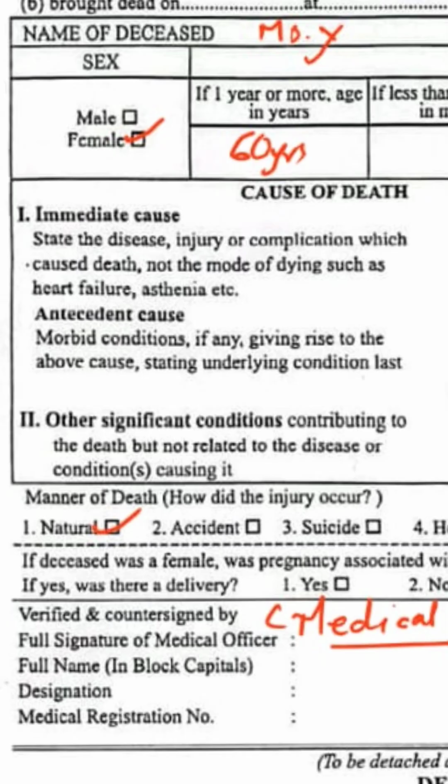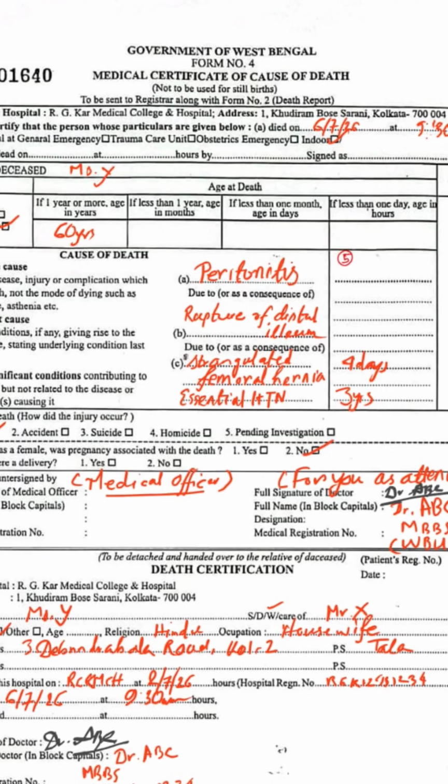If a single disease completely explains the death, simply write it in part 1A. If it is a sequence of diseases, part 1A is the immediate cause of death, part 1B the antecedent cause, and part 1C the underlying cause, the disease or injury that initiated the entire chain of events. Here you can see the question: the female was admitted with a complaint of strangulated femoral hernia 4 days earlier.